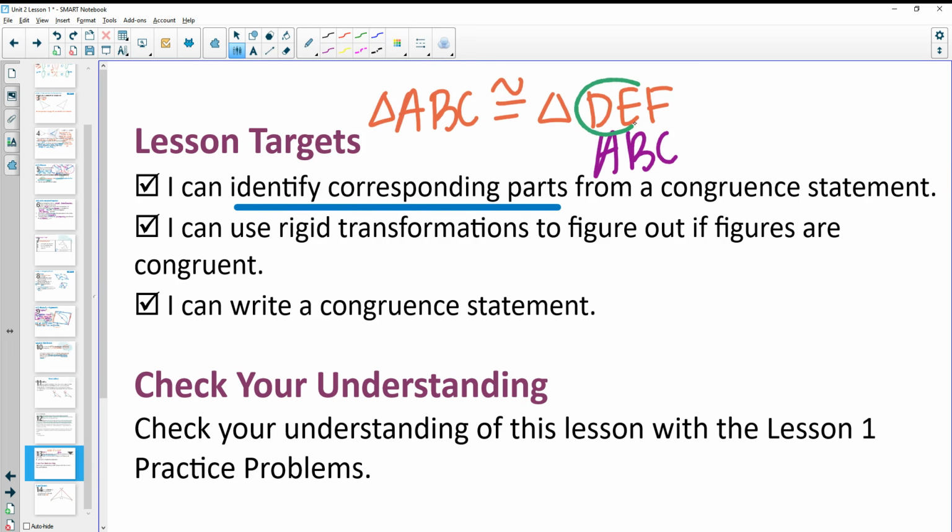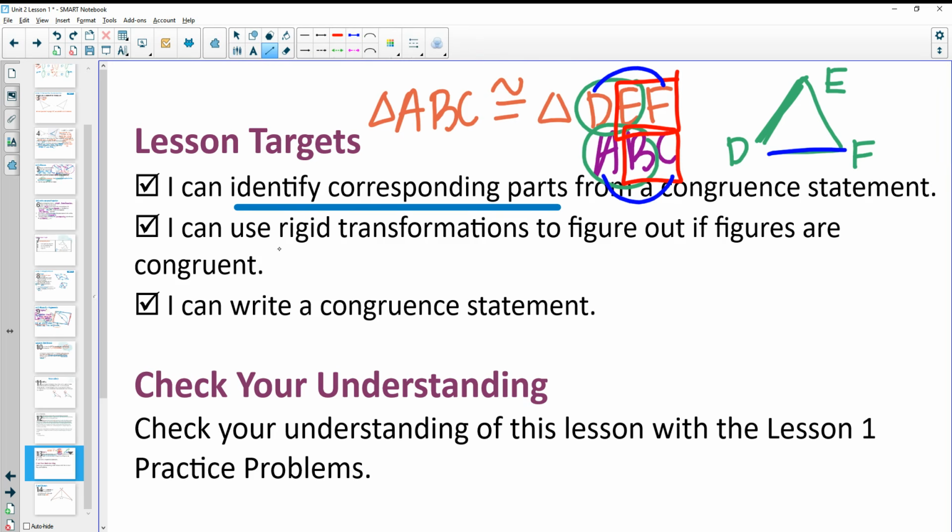So DE corresponds to AB. So in your shape, you'd have DEF. So DE would be a side that goes with AB. EF would be a side which is going to go with BC. And then DF would go with AC.